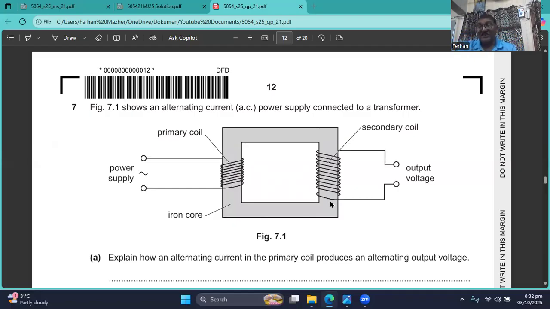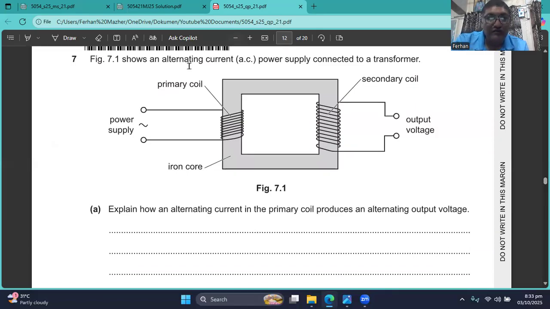Its direction is changing and its magnitude is changing as well. Whenever the magnetic flux passing through any coil is changing, an EMF will be induced in that coil. So in the secondary coil, the EMF will be induced.